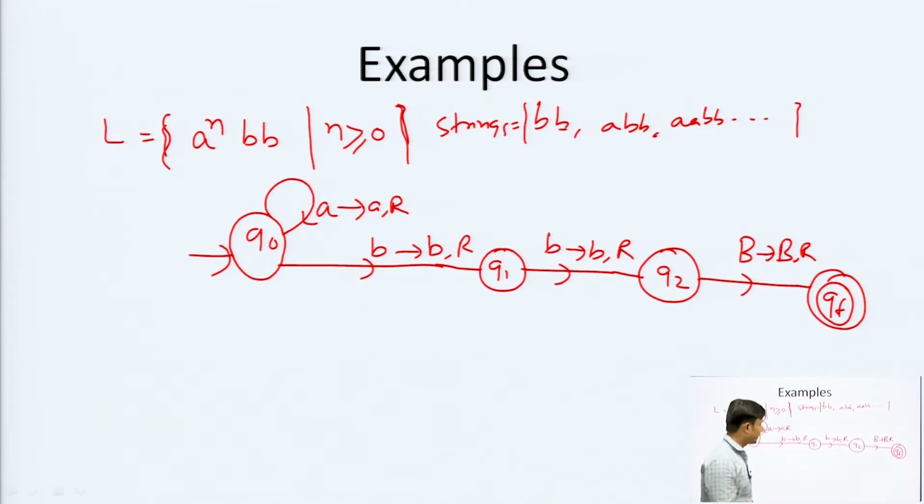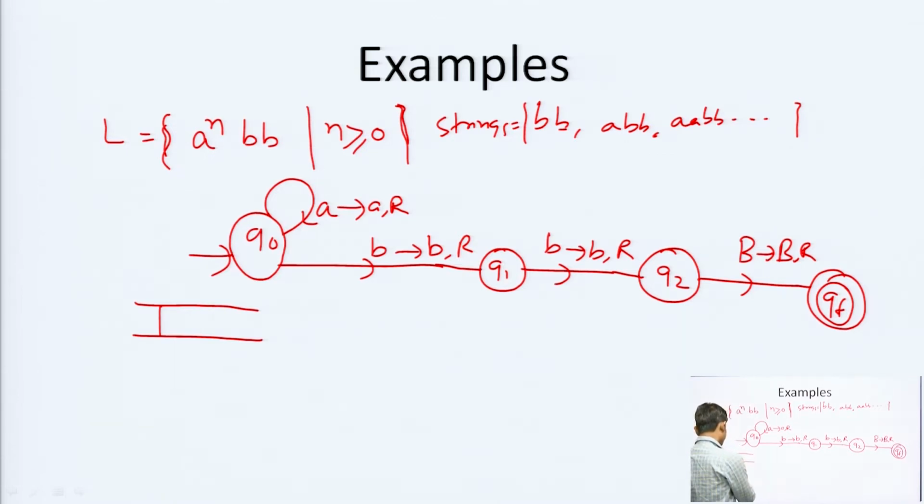So, this is the Turing machine for this language. Because this language is regular, you just have to read all the input and move right. Now we take a small string to check whether it is accepted or not.